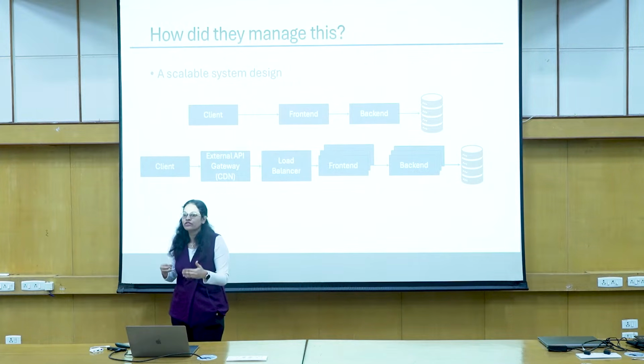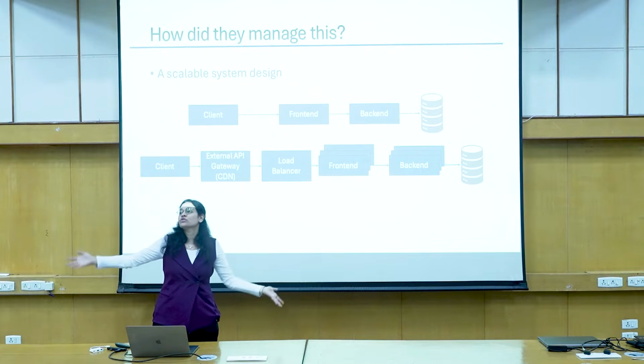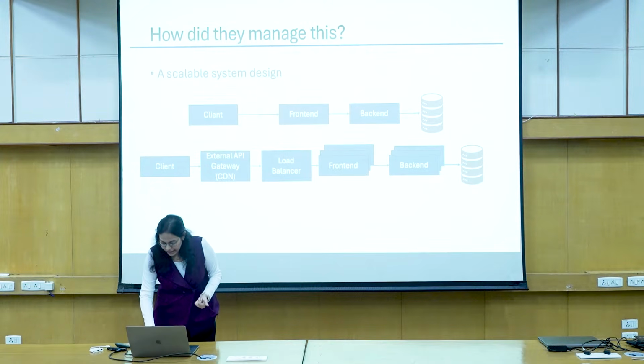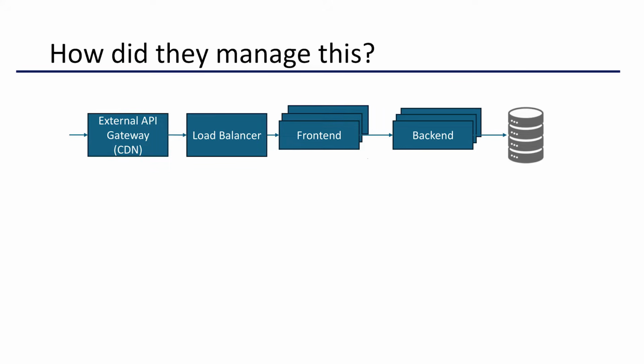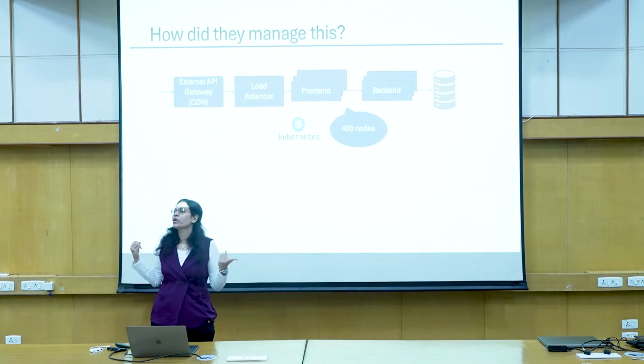So this was the basic architecture that systems like Hotstar, which handled such huge traffic, could build upon, right? And obviously, when you build on such a large scale, they had to support a lot of infrastructure. They had around 400 nodes supporting the huge traffic of requests going to them.